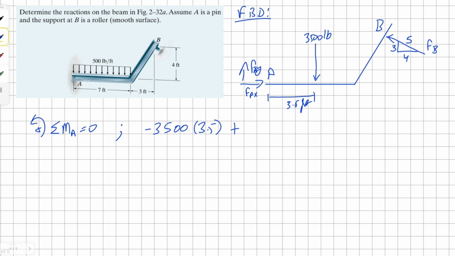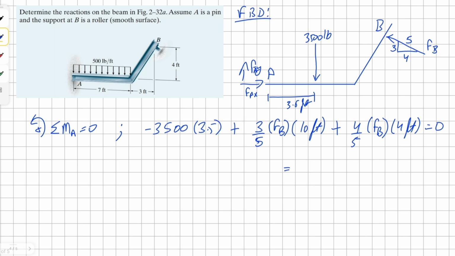For the y-axis, it will be 3/5 times our force times our distance from A to B, which comes up to 10 feet. And for the x-axis, we have 4/5 times our force times our distance from A to B, which comes up to 4 feet, equals 0.